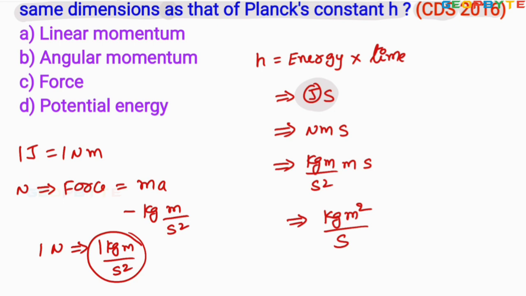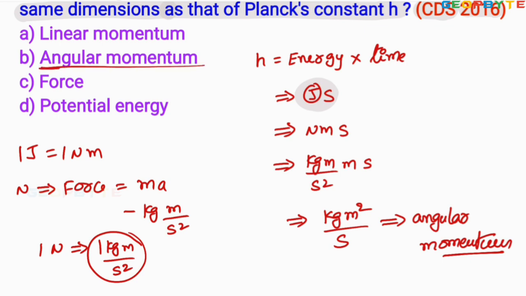Remember, kg meter square per second is the unit of angular momentum. Therefore, option B is absolutely correct. It means the angular momentum unit and Planck's constant unit are identical.